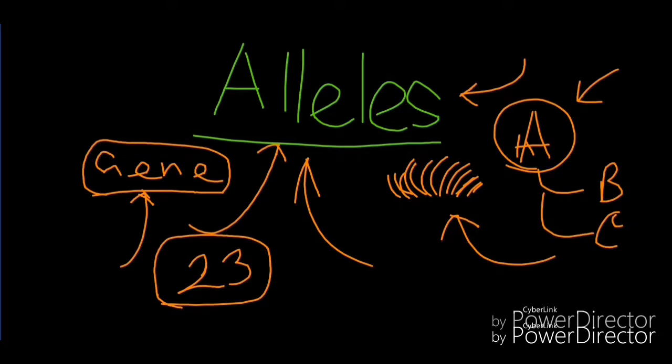You have 2 copies of every gene, and between the 2 copies you have got one from your mother and the other one from your father. The copies of the same gene are called alleles.